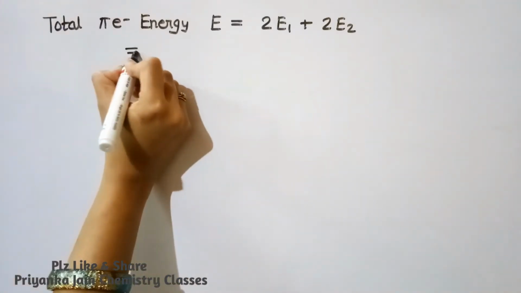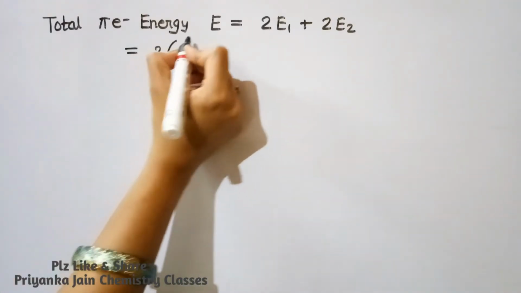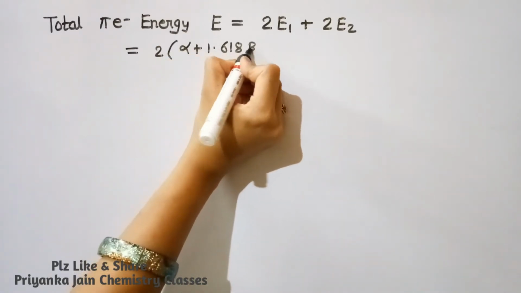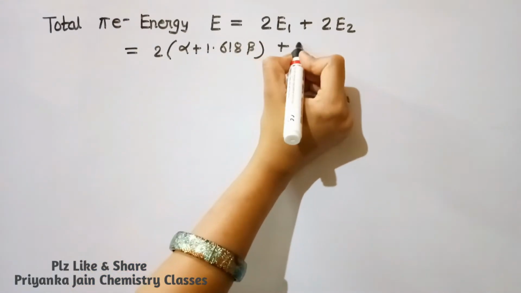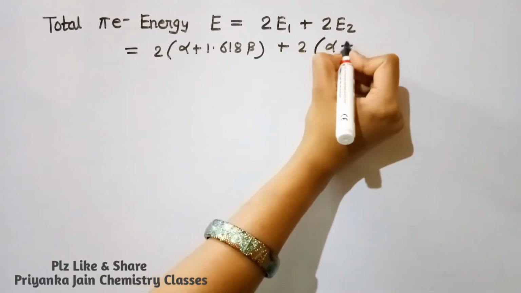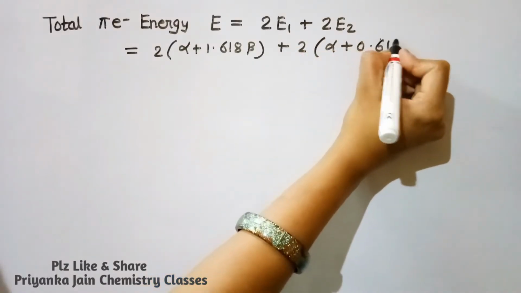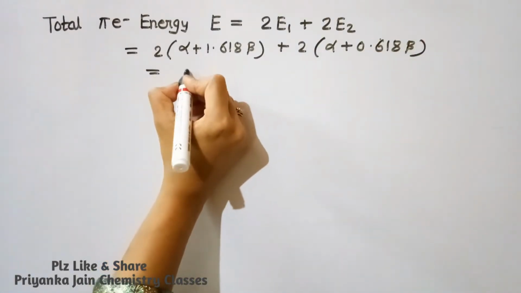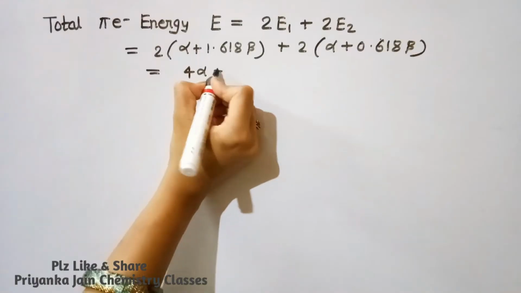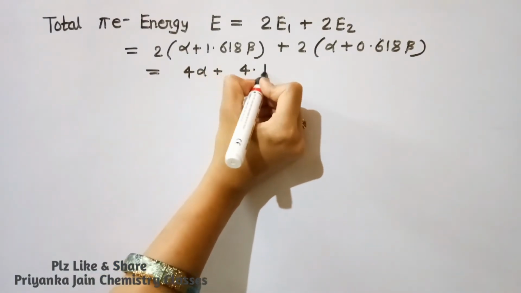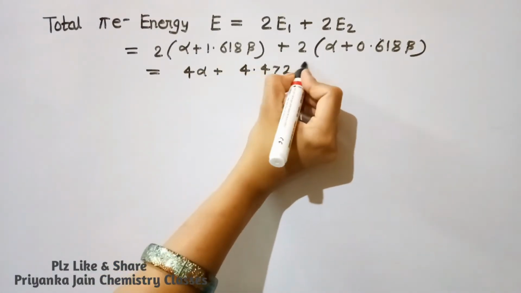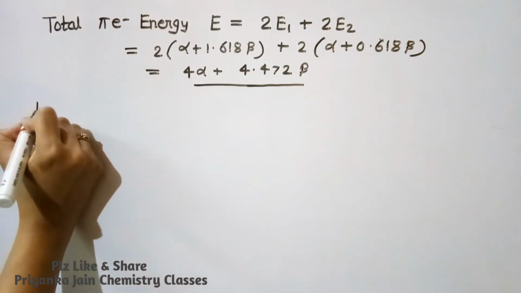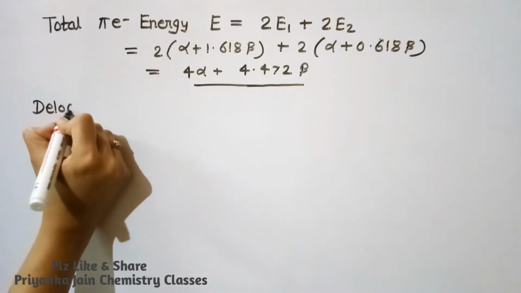So 2 into alpha plus 1.618 beta plus 2 alpha plus 0.618 beta. So this will be equal to 4 alpha plus 4.472 beta. This will be the total pi electron energy. Another important thing here is the delocalization energy.